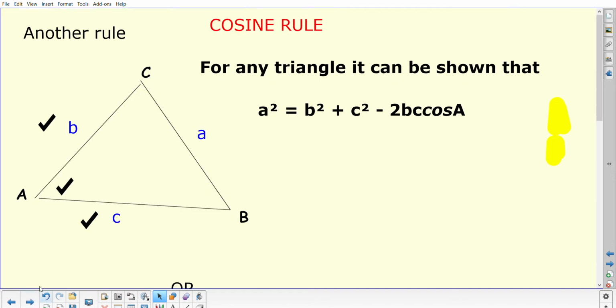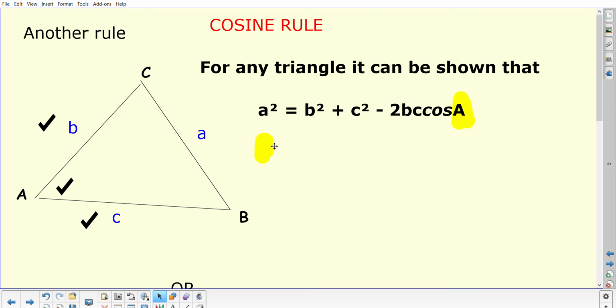So what happens is we then use this other rule, which is known as the cosine rule. It looks a bit more complicated, and this appears on your formula sheet. It says a squared, so this side here squared, will be equal to your other two sides squared added together, minus 2bc cos A, that's all multiplied together.